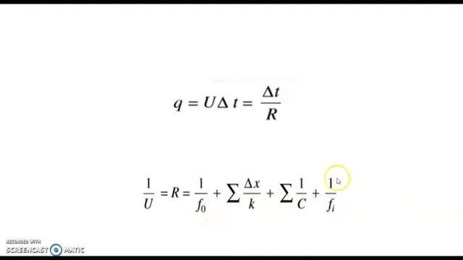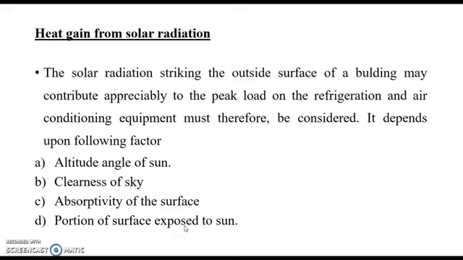The heat gained from solar radiation, that means irradiation. The solar radiation striking the outside surface of a building may contribute appreciably to the peak load on the refrigeration and air conditioning equipment.